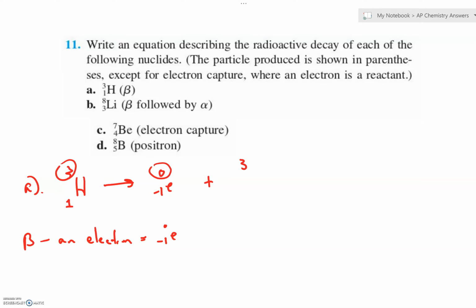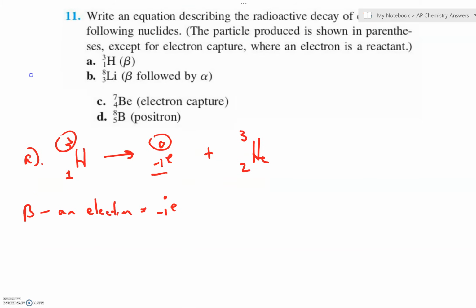You have an atomic mass of 3. And what happens if you lose -1, right? If you subtract -1, you get an atomic number of 2. Well, there's only one element that has an atomic number of 2, and that would be helium. So this is what an equation for nuclear decay looks like.